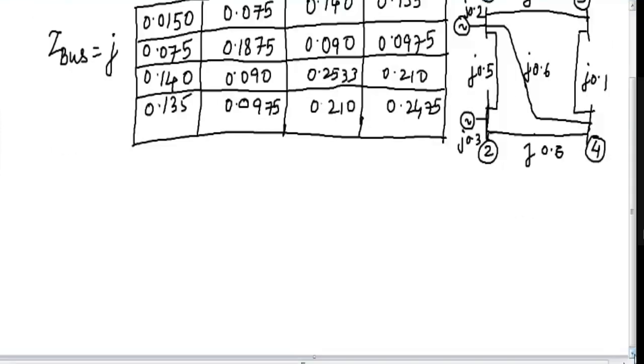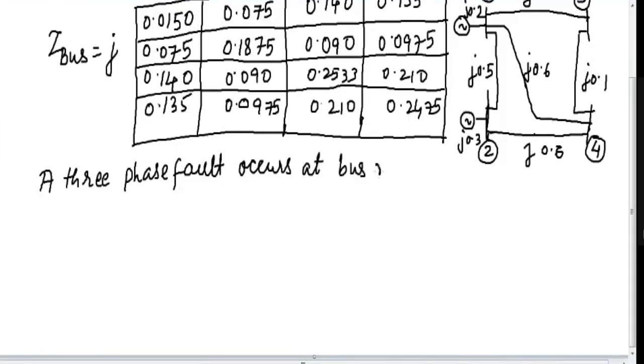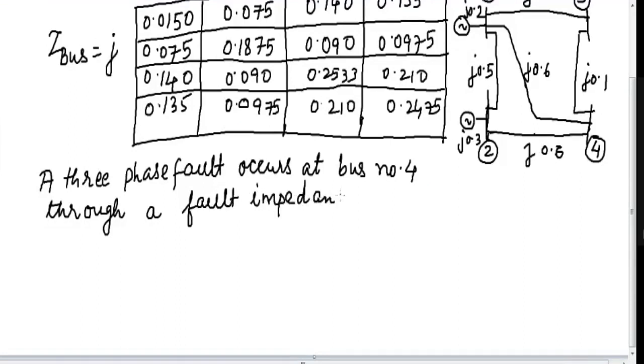What is to be found in the question? They have given that a three-phase fault occurs at bus number 4 through a fault impedance of ZF is equal to 0.0025 per unit.